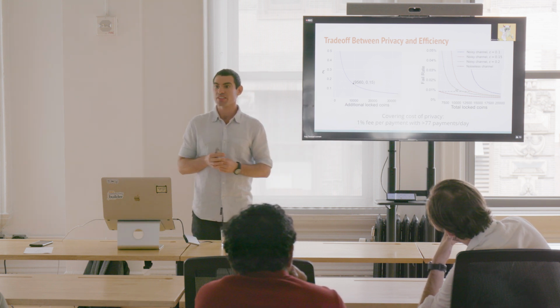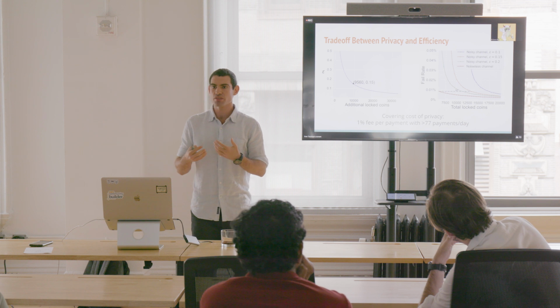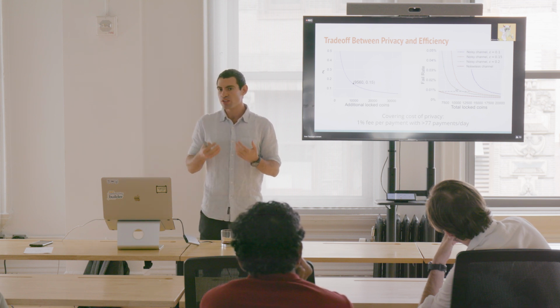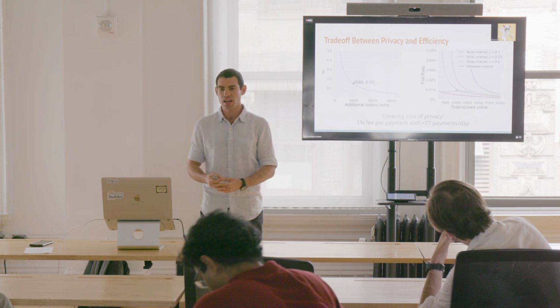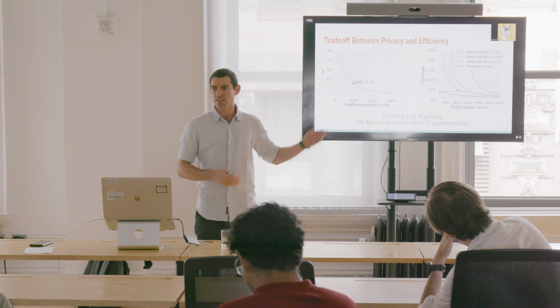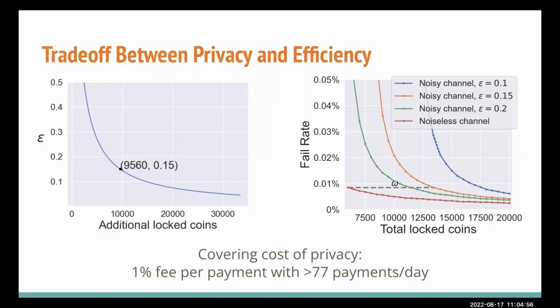This is the maximum size that you want to hide. That's why a channel will not usually try to hide $1,000 payments, because then it will cost a lot in additional locked funds. So it's a balance.